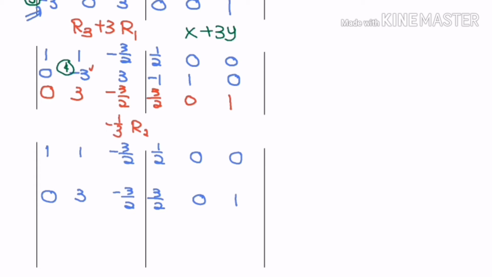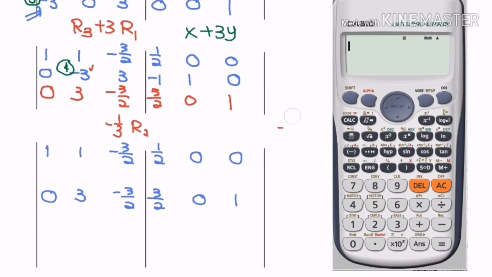So again, we have to key in the calculator. Okay, so by pressing the value negative 1 over 3 x. So here we have negative 1 over 3 and then x.